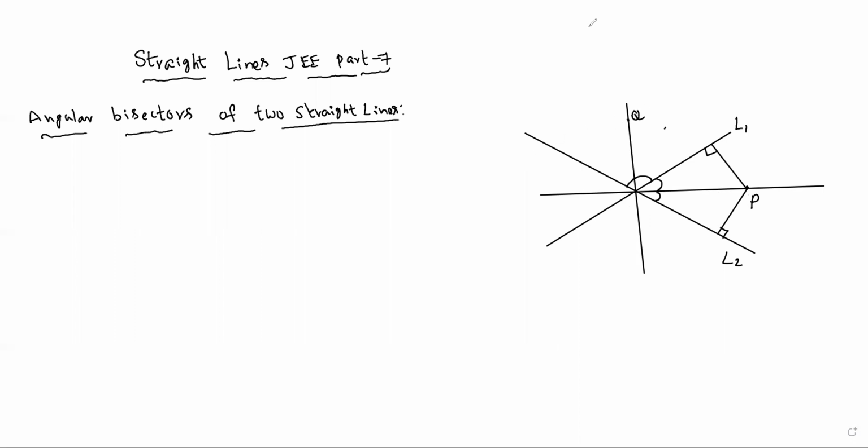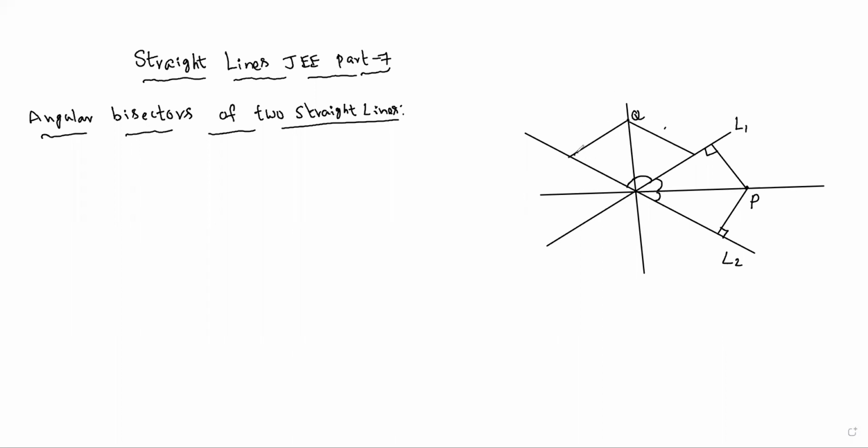Here also, if you draw the perpendicular distances from the point to the given intersecting lines, this is a simple diagram for this.